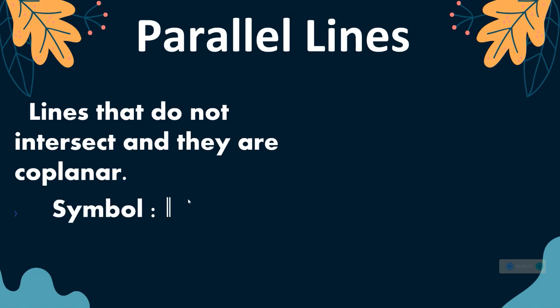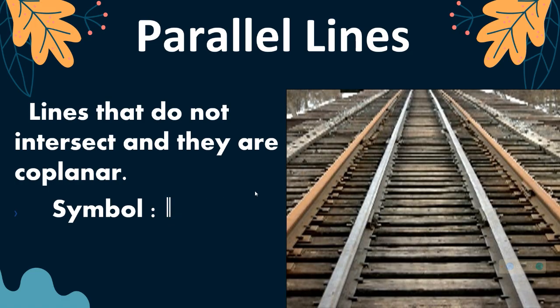The symbol for parallel lines is this one, two small l's. Example figures of parallel lines are the rails of a train and these woods. We may also have another example, which is the transversal, these lines.